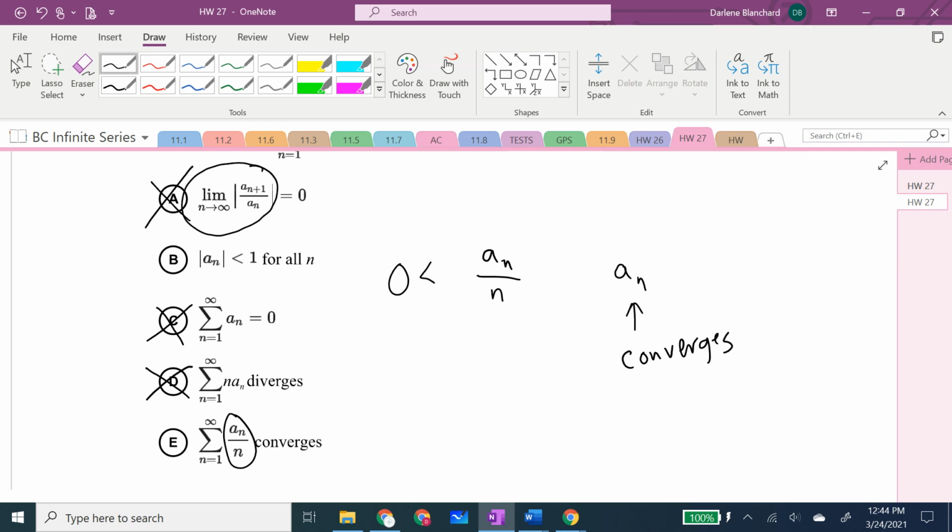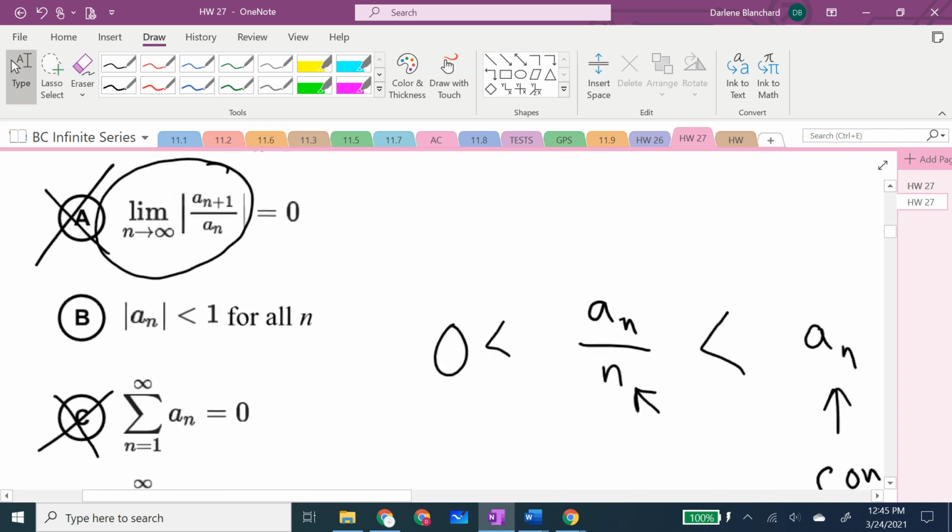If I continue to make the denominator here bigger, I'm going to make the overall fraction smaller. So I have positive terms where they're all smaller than something that converges. Yes, this must converge by the direct comparison test.